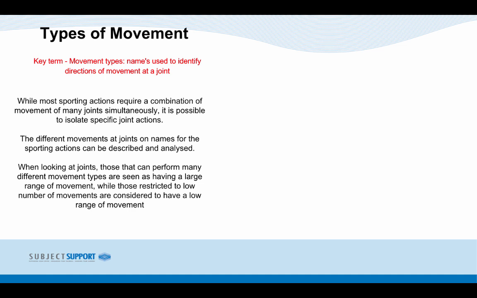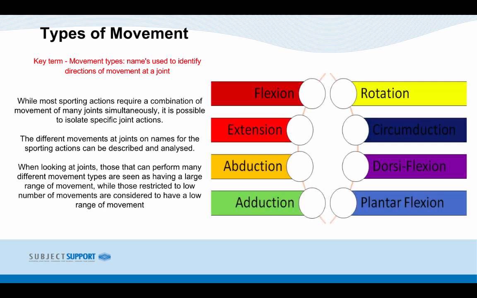Joints that can perform many different movement types are seen as having a large range of movement, while those restricted to a low number of movements are considered to have a low range of movement. The 8 different types of movements are flexion, rotation, extension, circumduction, abduction, dorsiflexion, adduction, and plantar flexion.